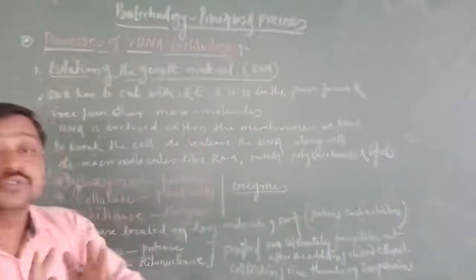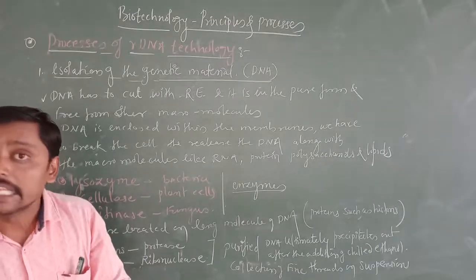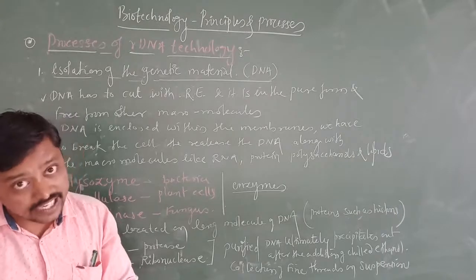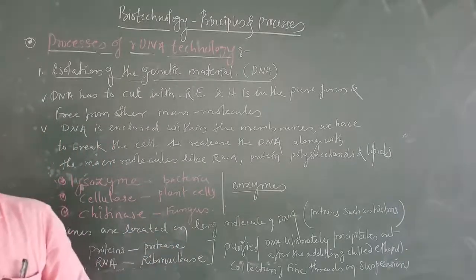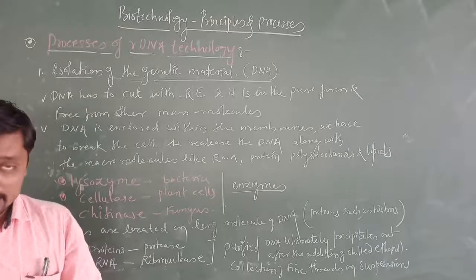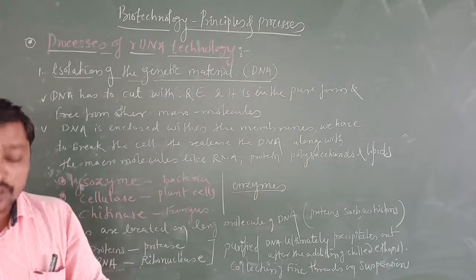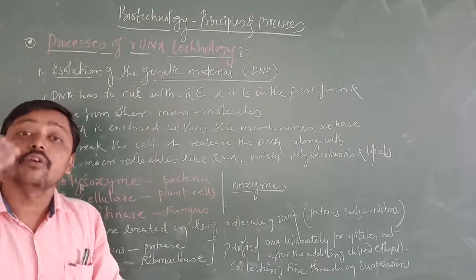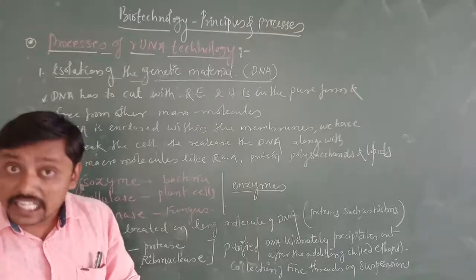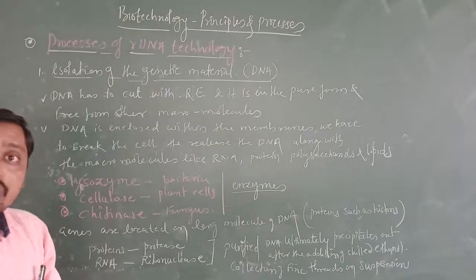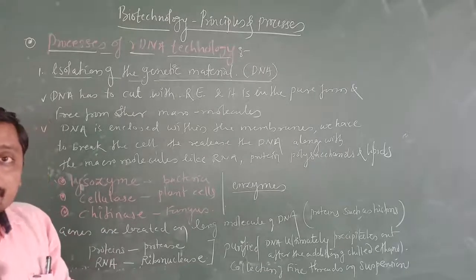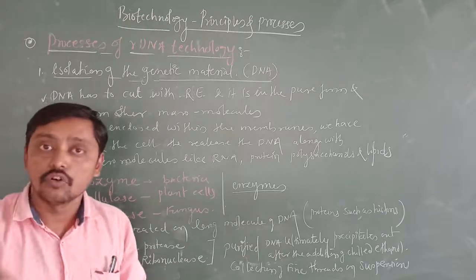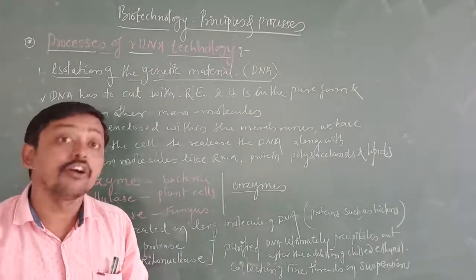So, what do we do to get the rDNA, or recombinant DNA, or a desired gene? First we isolate the DNA in which we are interested. Afterwards, you cut that DNA and make fragments. Then you separate those fragments with gel electrophoresis. Then you join those cut DNA fragments to the plasmids, to get a recombinant plasmid.